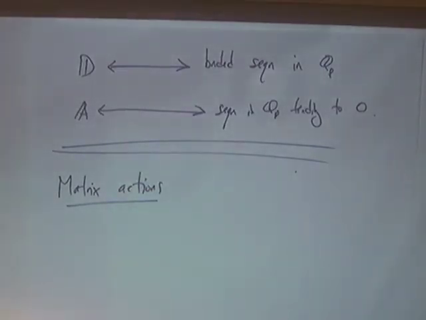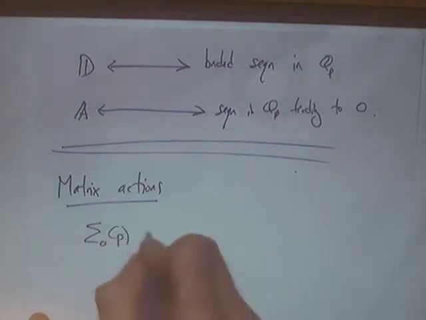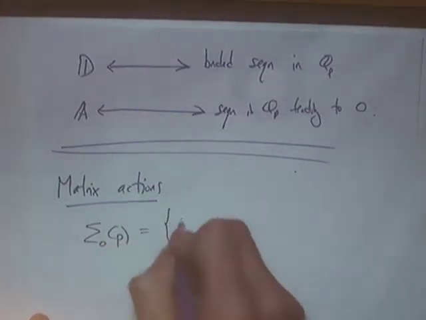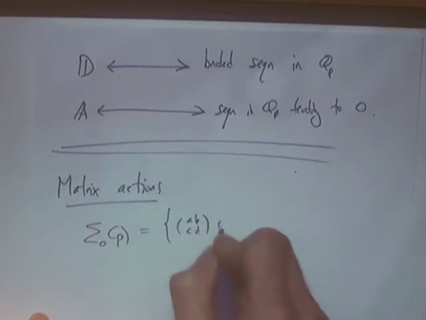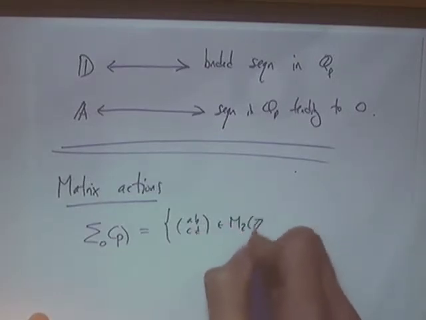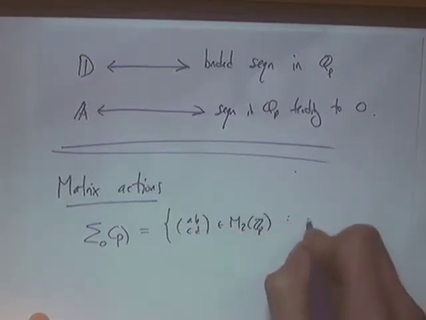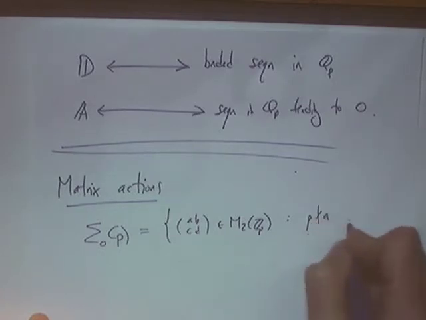And I'm going to write down a funny group that acts. I'm going to call it Sigma_0(p). Let me write it down, and then we can talk about it. So these are matrices in M_2(Z_p) such that a is a unit and p divides c.